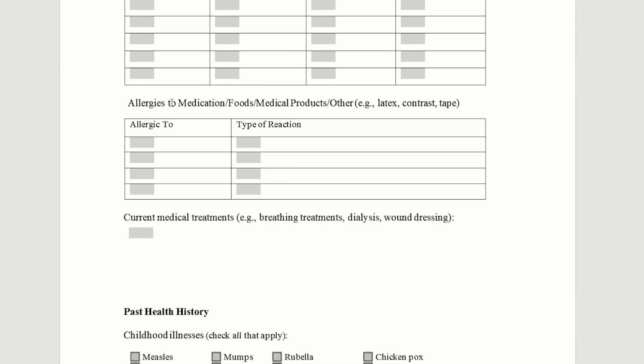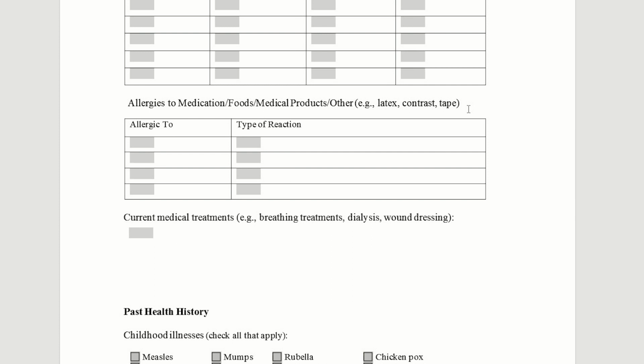When we go over allergies, when you are asking these questions to the patient, make sure that you are also going over any kind of food allergies. Over here it mentions latex, contrast, tape. What you want to keep in mind is there is no judging whether the response is an allergy versus a side effect.